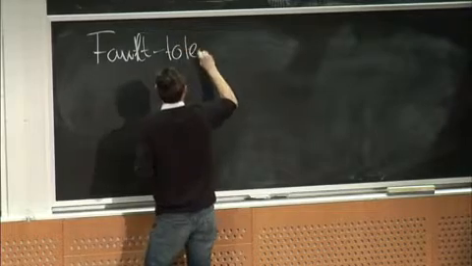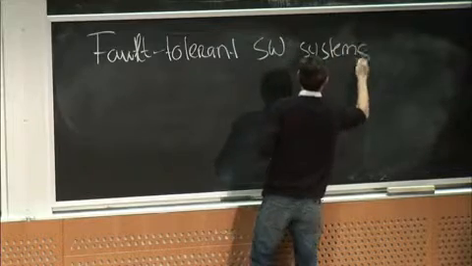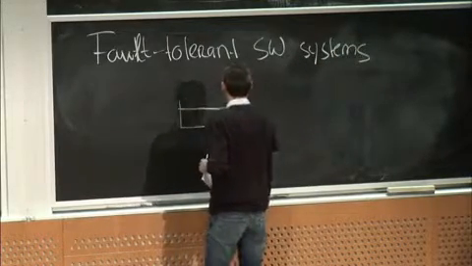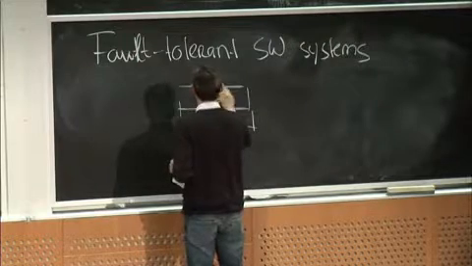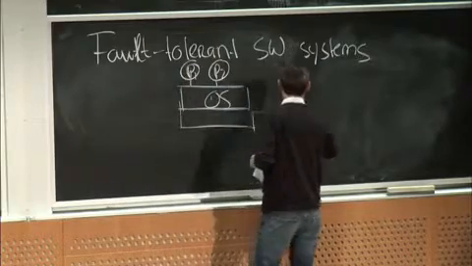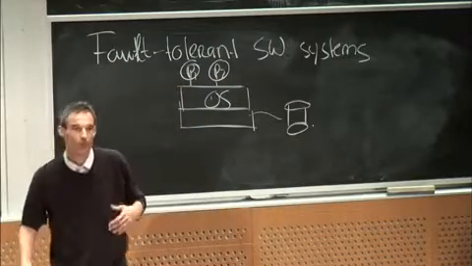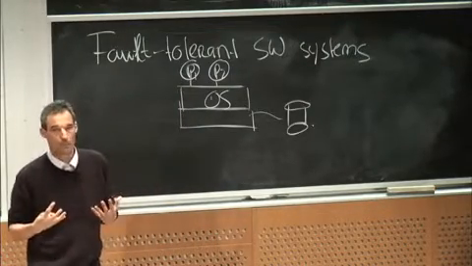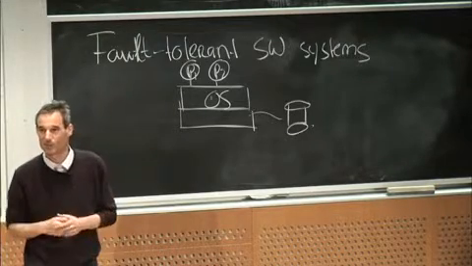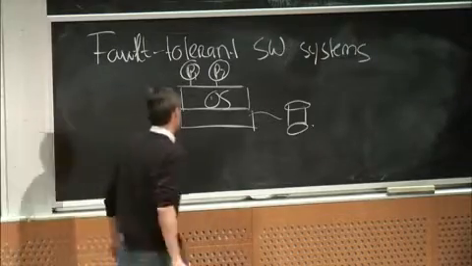So if you think about a fault-tolerant system, when you have a computer, an operating system running on top of it, a bunch of processes, P1, P2, and we have our disk, the way these systems are typically organized is to have a plan for what happens if the power fails. One of the attractive properties of a disk is that it stores its state after a power failure. It can store state persistently.